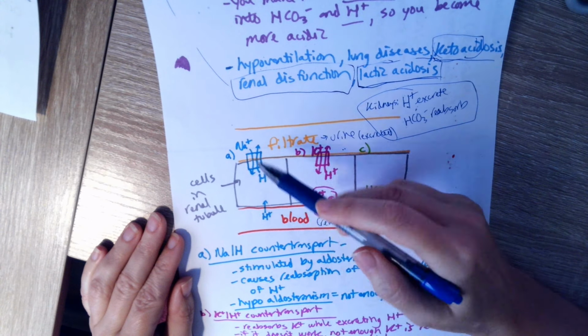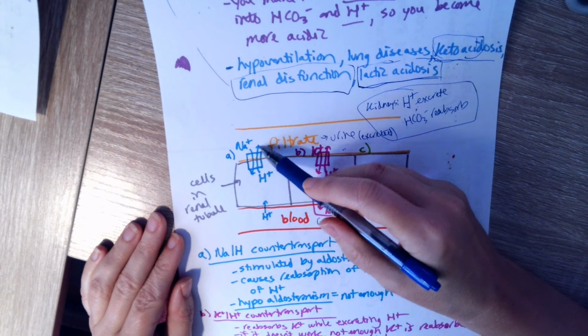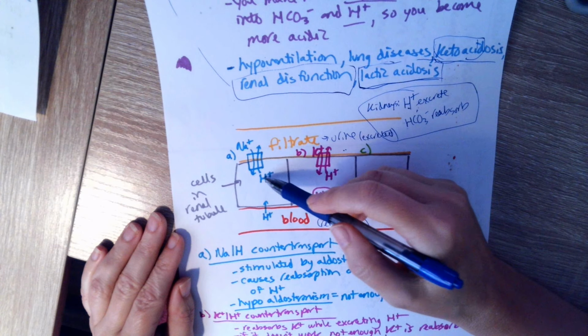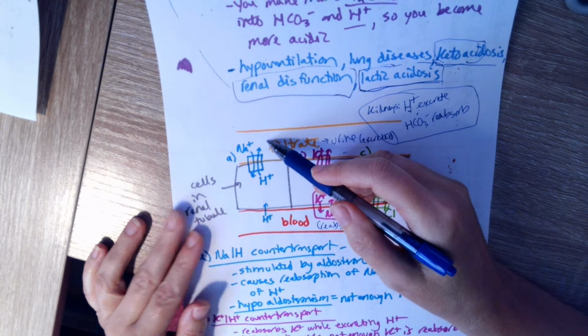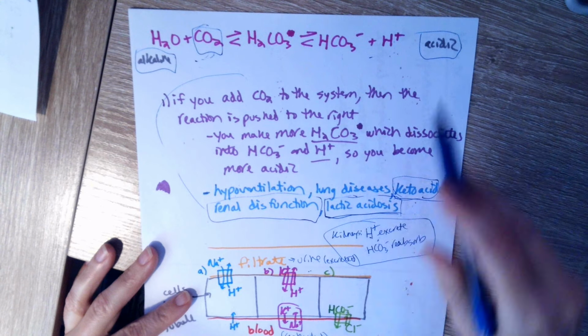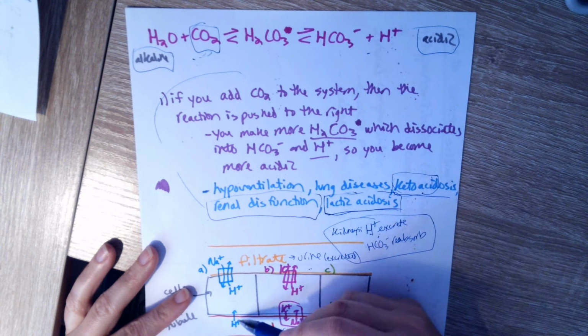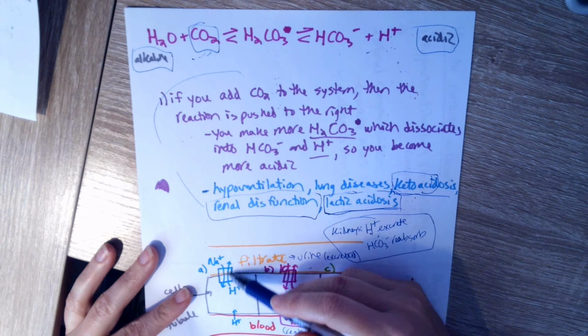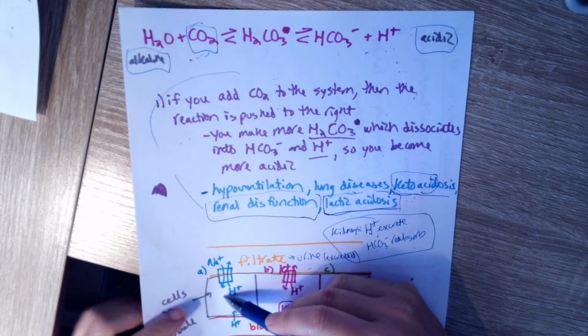And it provides the energy for the hydrogen to also use this carrier to go out of the cell. So we're excreting hydrogen here. So imagine you're acidic and you have too much hydrogen in the blood, and you can just step this up, do this faster. You're excreting more hydrogen and you're going to end up reabsorbing more sodium.